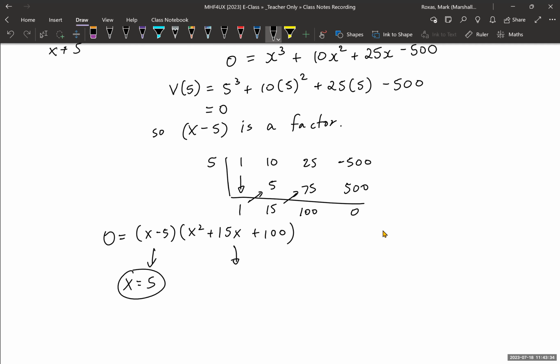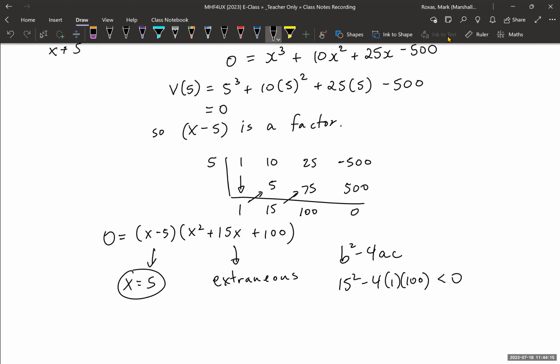And you could certainly try, but you'll quickly discover that b squared minus 4ac, 15 squared minus 4 times 1 times 100, is a negative number. So that's not going to yield any roots. And so our only solution is x equals 5. This one here is extraneous.